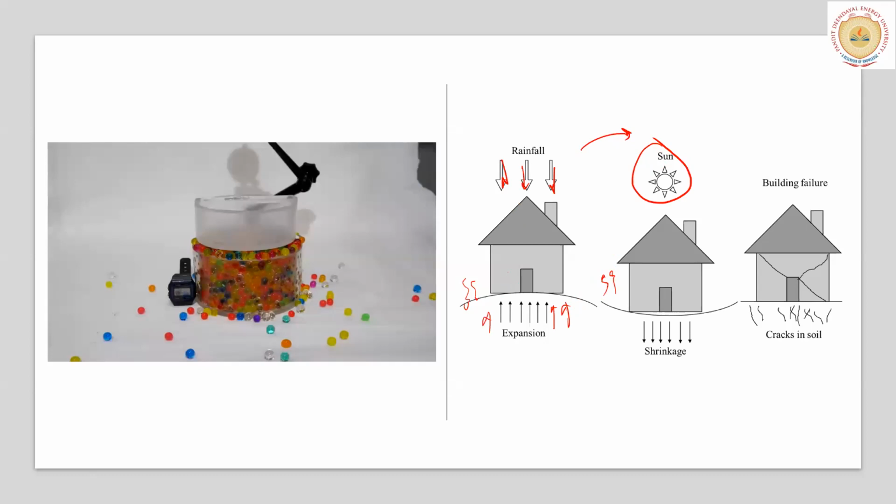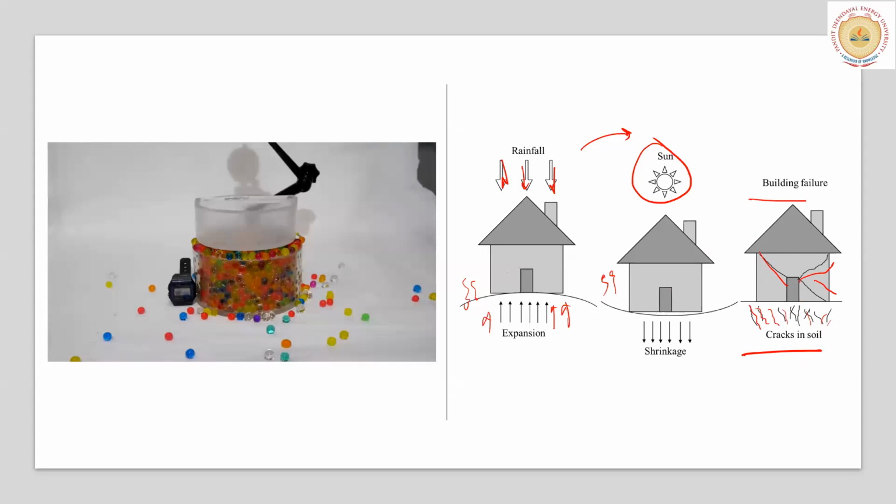The soil will shrink, and because of this volumetric change, cracks will form in the soil. First of all, the soil will crack, and because of that we can expect a failure in the building. This is a very small example, but this kind of behavior can be related to all the failures that were shown before.